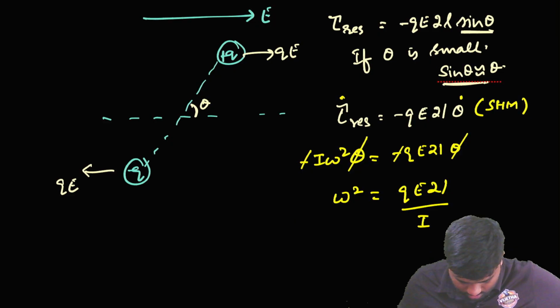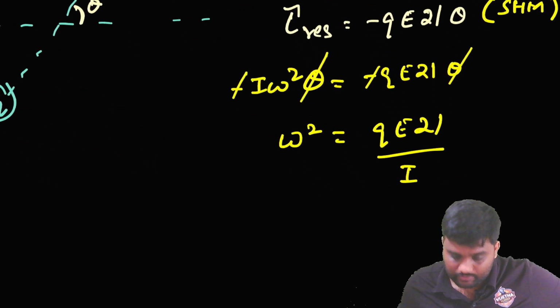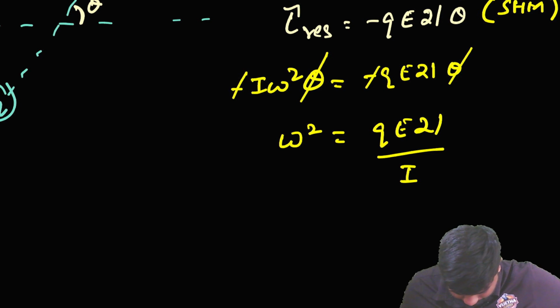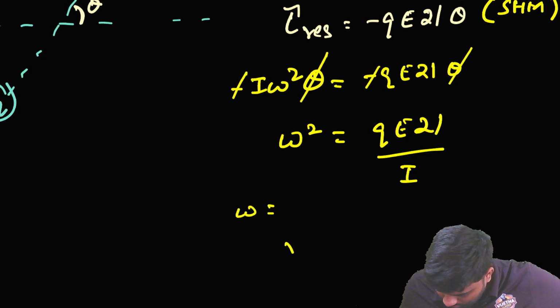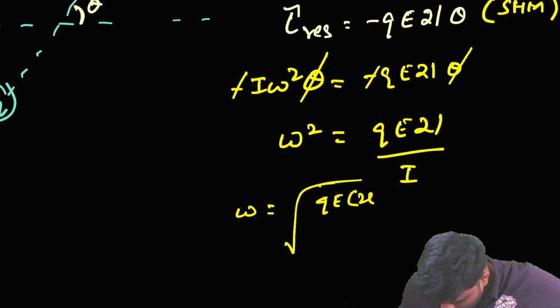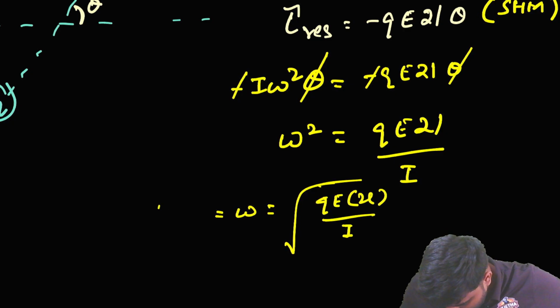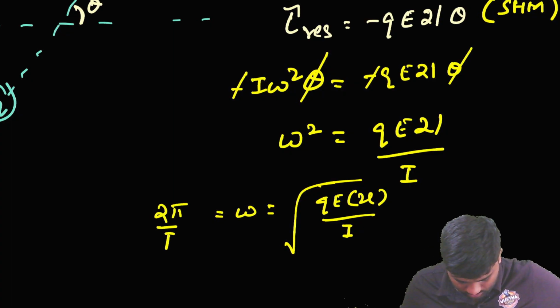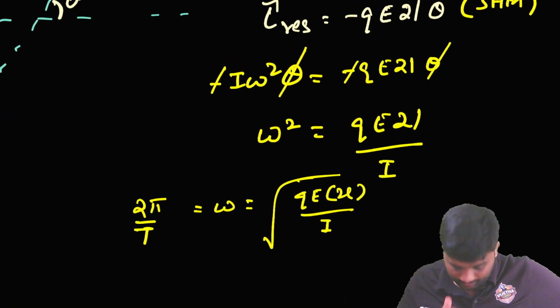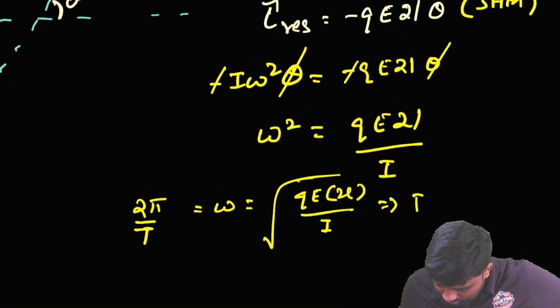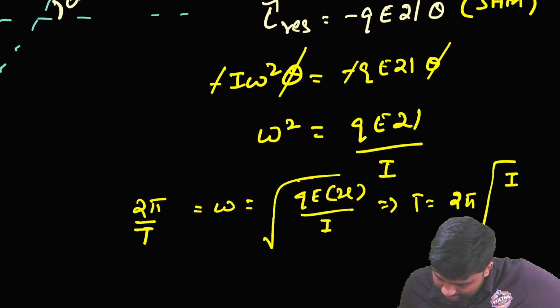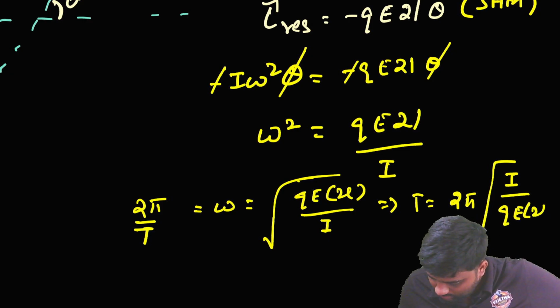I. Now omega is equal to under root QE 2L upon I, which is equal to 2 pi by T. So from here you can write T is equal to 2 pi under root I upon QE into 2L.